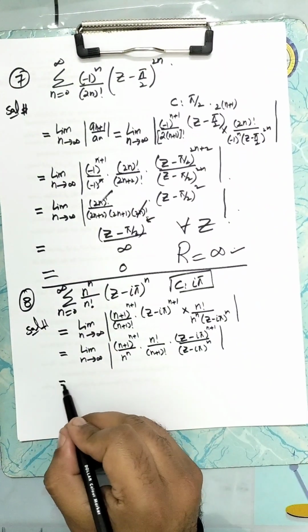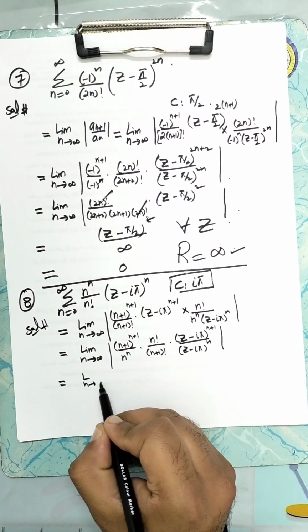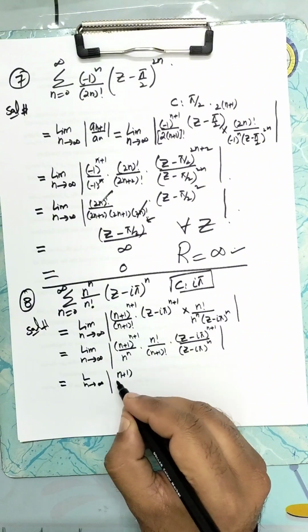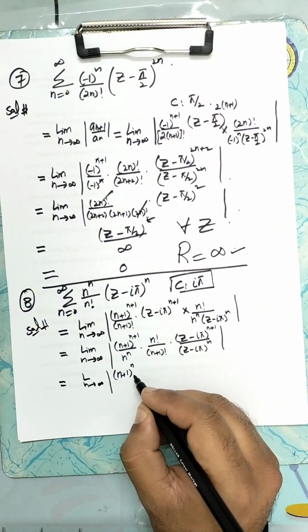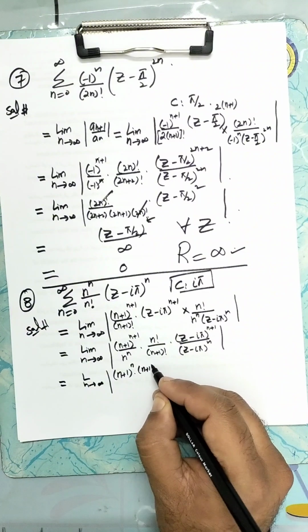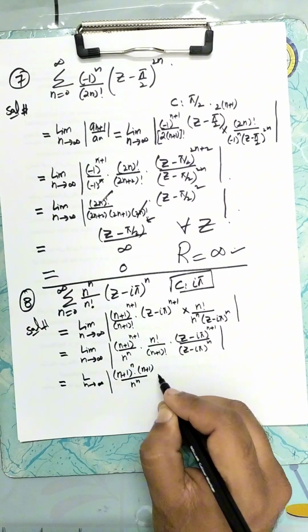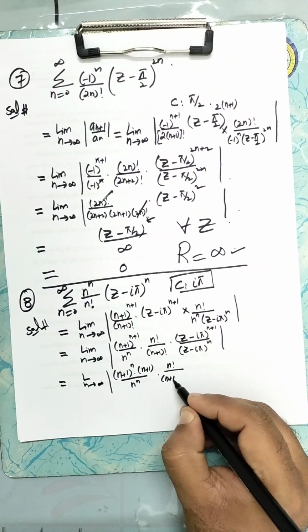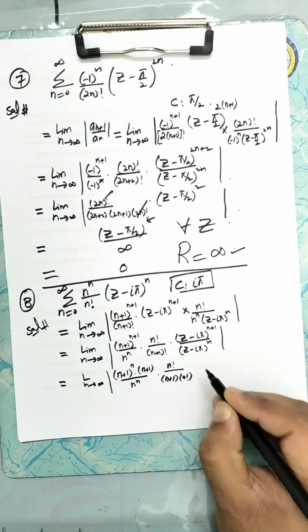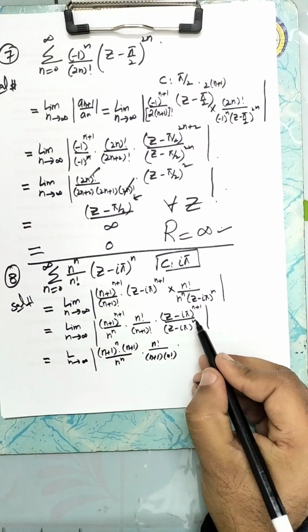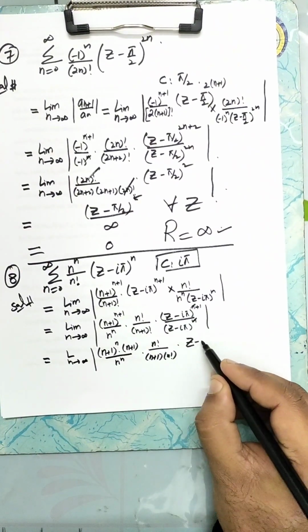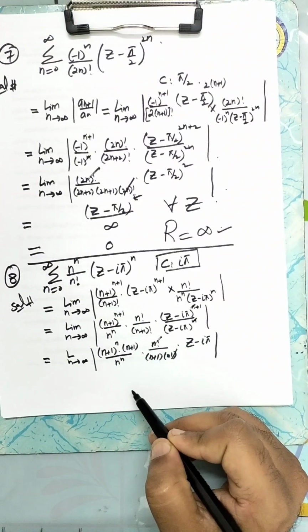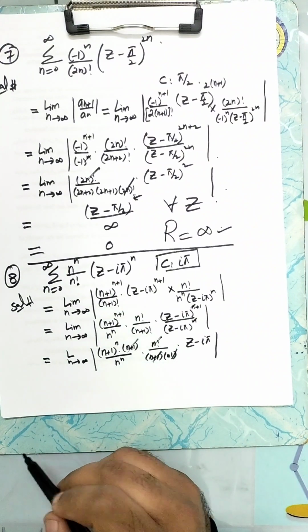So we solve this limit as n approaches infinity, and we write this (n plus 1) power n, and n plus 1 and n power n, and open the factorial in the denominator, n plus 1 and this is n factorial. Here the nth term cancels out, and this only becomes z minus iota pi.